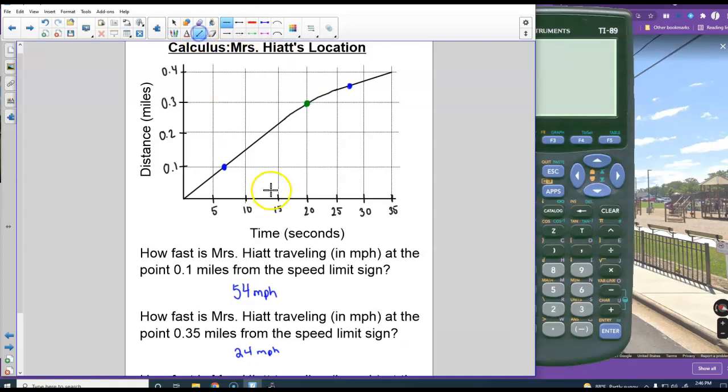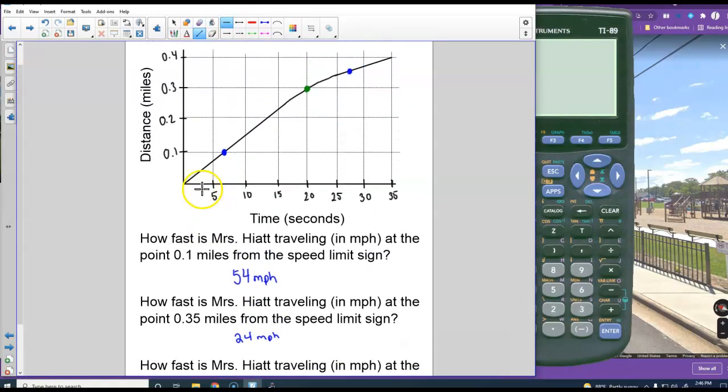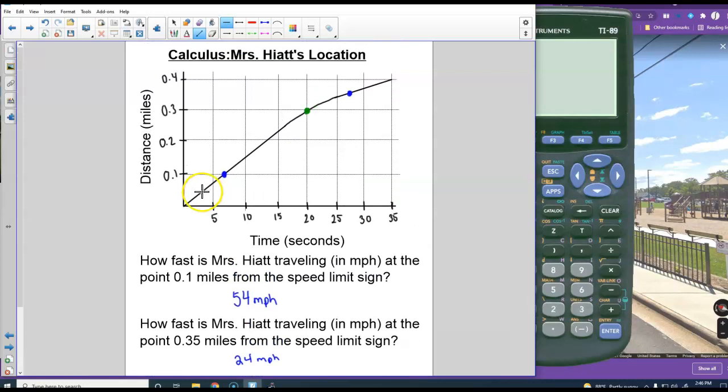So what I'm going to do here is I'm going to draw what we'll learn much, much, much more about throughout this class. I'm going to draw a tangent line. I'm going to draw this line right here, okay? I'm going to draw this in. It's going to be a line that touches just at that one point.